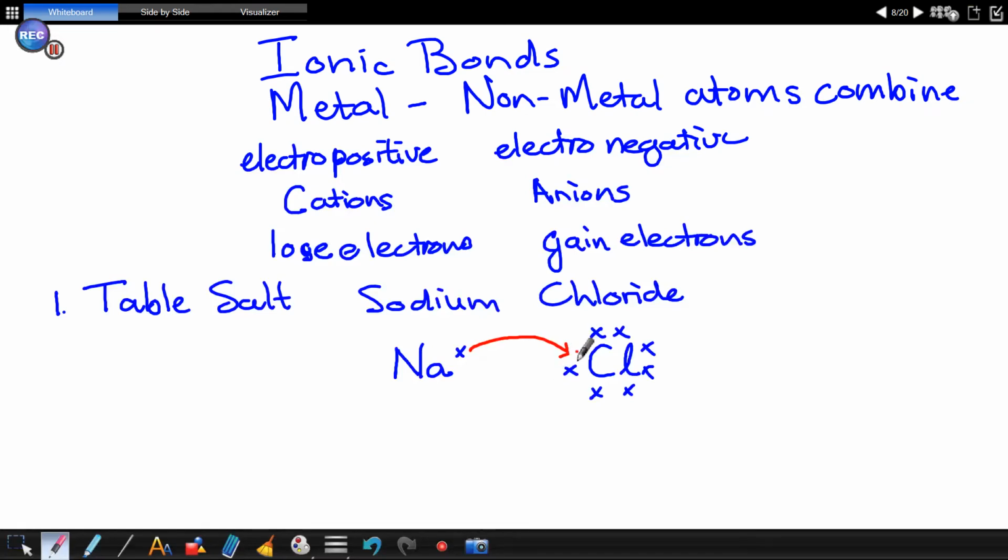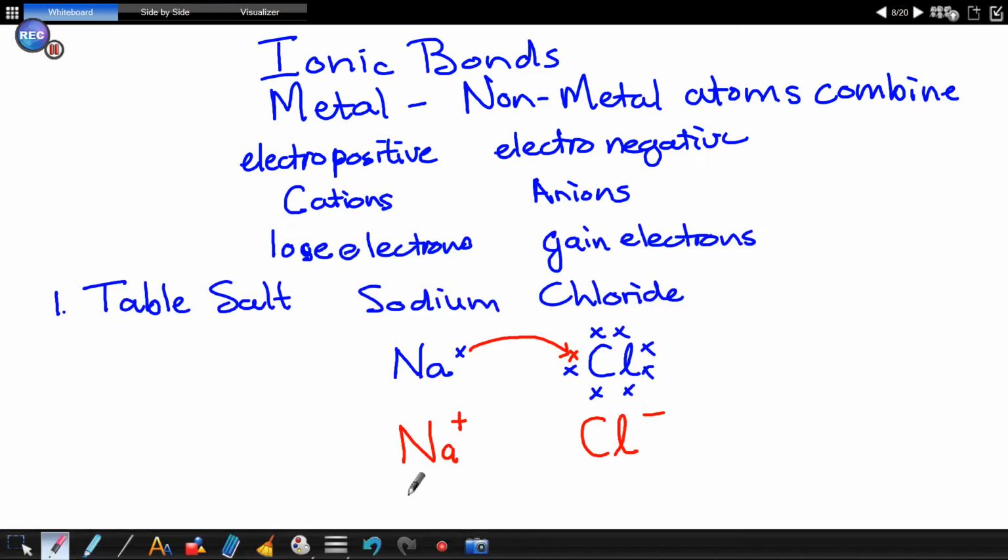That electron goes there. Okay, now sodium is a what? Stable. A cation, and it's stable. And chlorine is what? It's an anion. And it's stable.